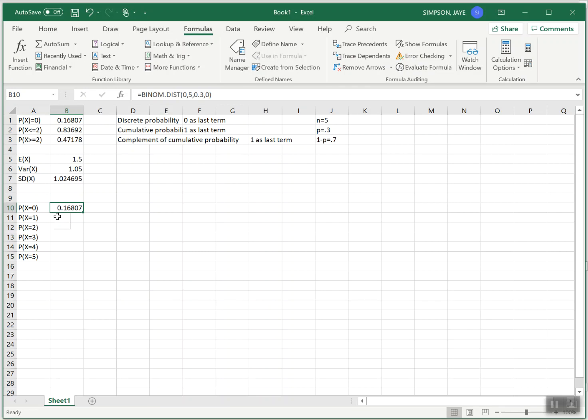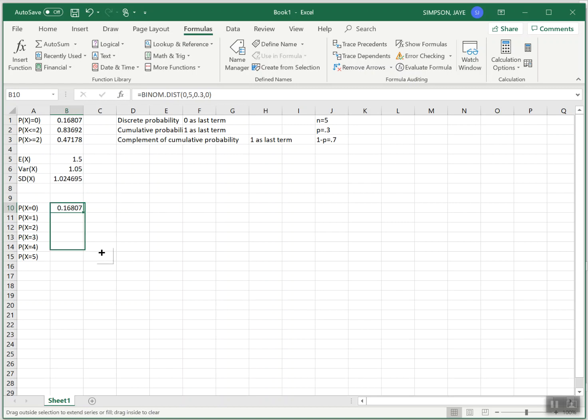So really I can just drag this formula down, but I just have to change that first term. Remember, the first term is what you're looking for, the probability that x is equal to 0. The second term is the number n. The third term is the probability of success, and then the last term is asking you, is it a discrete or cumulative probability? Since these are all discrete probabilities, I'm going to leave those all as 0.